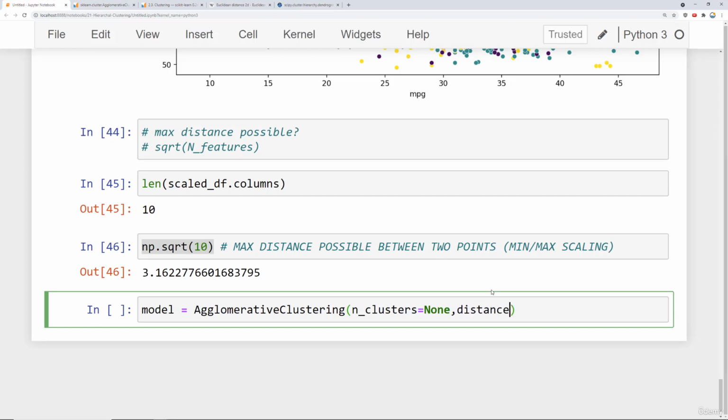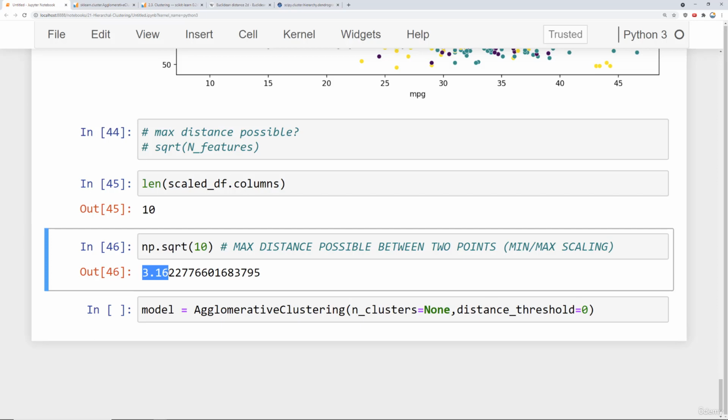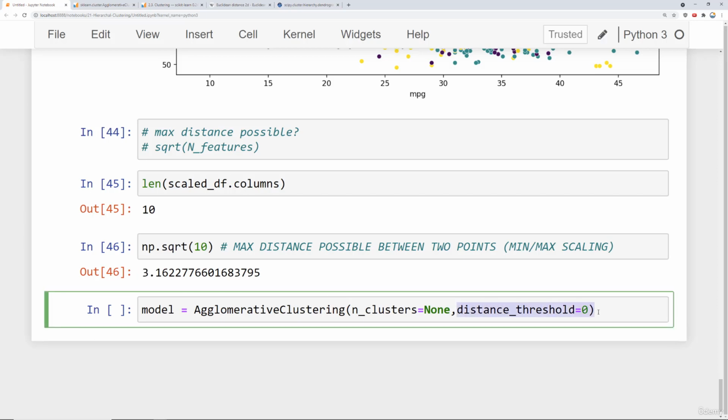If I set the distance threshold equal to 0, recall that the max distance possible between 2 points, for this particular case, is 3.16, but I'm going to say even if there's 0 distance between 2 points, I'm still not going to join them together into the same cluster.